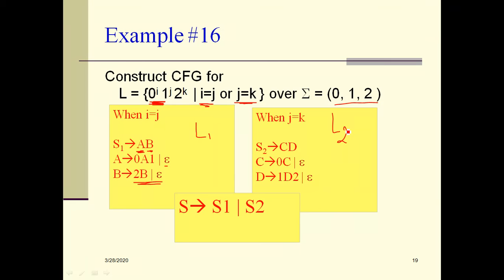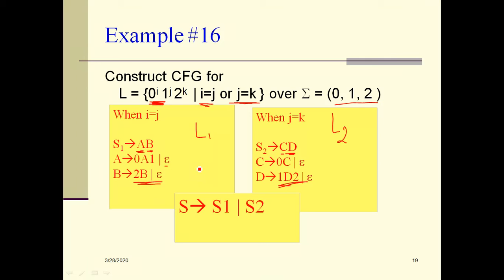Similarly for language L2, we have S2 derives C D, where D derives an equal number of 1s and 2s, because in this case we need j equal to k, meaning the number of 1s is equal to the number of 2s. So whenever there is a 1, there is a matching 2. So D will generate an equal number of 1s and 2s, and C in the beginning will generate some number of 0s. It can be 0, it can be 1.